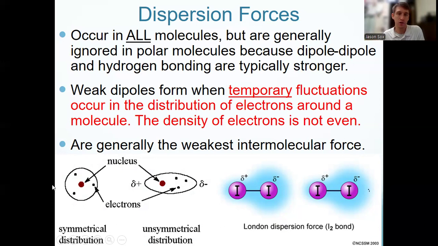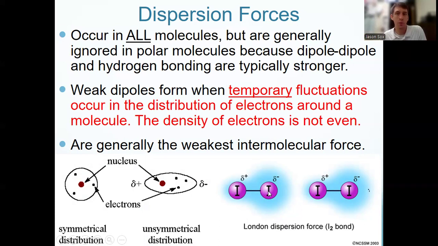So again, here's just another illustration. Normally, we tend to think about the electrons orbiting around the shell evenly. That's not always the case. Occasionally, the electrons and their movements can align themselves on one side of the molecule, and that would cause this normally neutral thing to have a temporary negative charge, and the other side, which is void of electrons for a moment, would be slightly positive. When that happens, we can think about iodine.